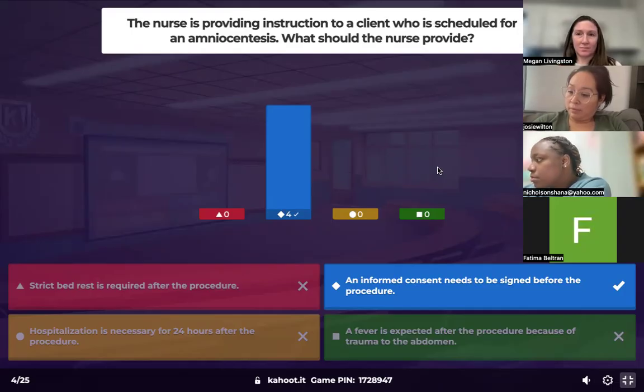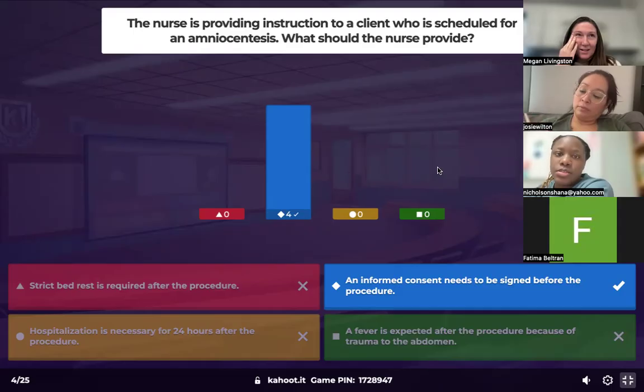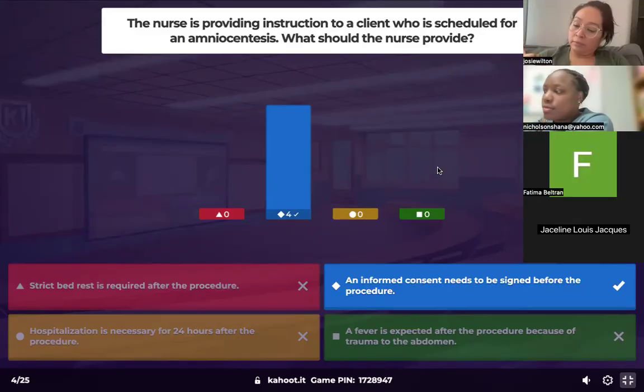Oh, what would be an indicator for why we would get an amniocentesis? Genetic abnormalities? Yes, specifically which kind? Would it be like CF or like Down syndrome? Down syndrome, and they usually are going to screen or do an amniocentesis if there's anything that's flagged.